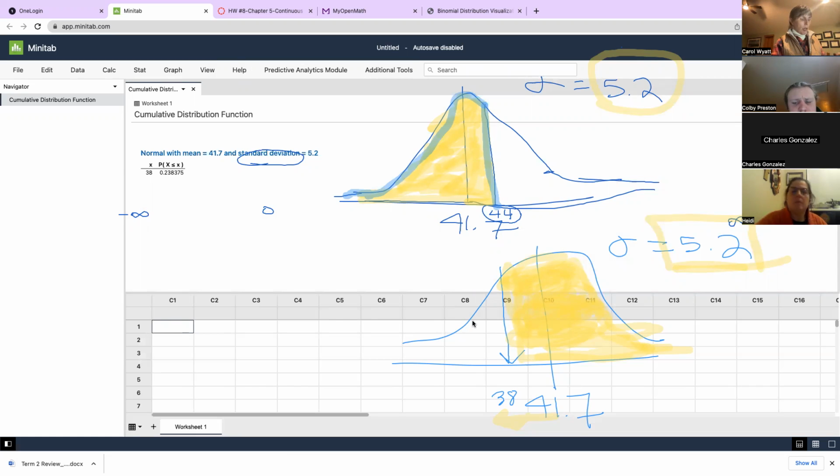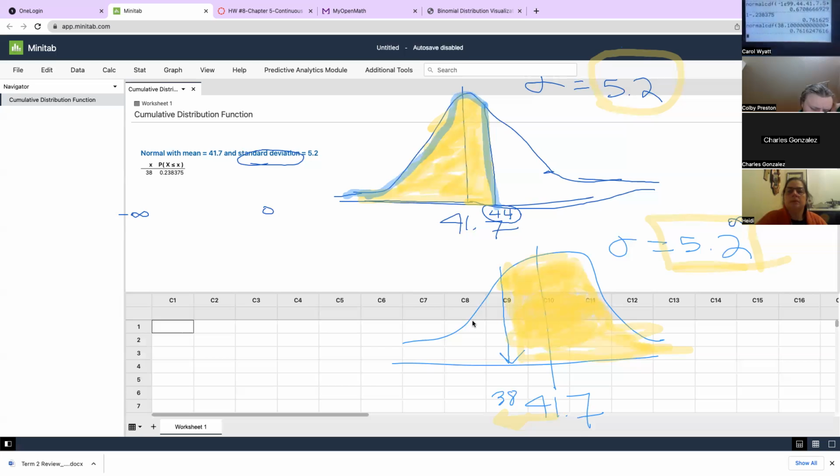I want to check that, make sure I did that right on my calculator. I'd go distribution, normal CDF, lower limit 38, upper limit 1 with a whole bunch of zeros. Looks like this. I'm going 38 to a really, really big number. Hitting paste.